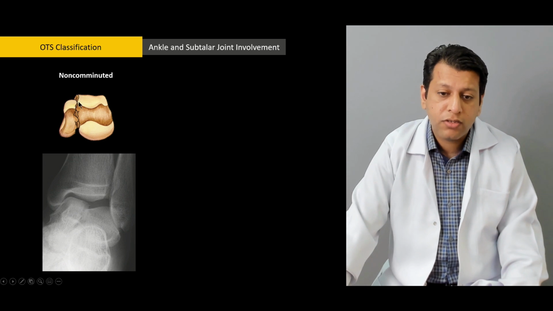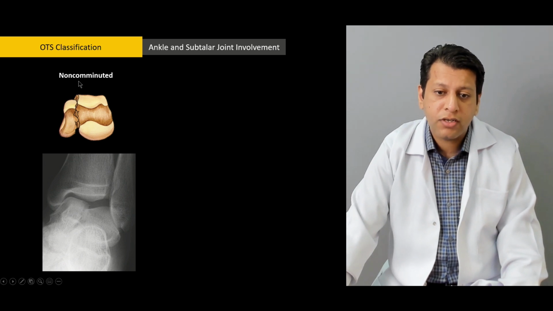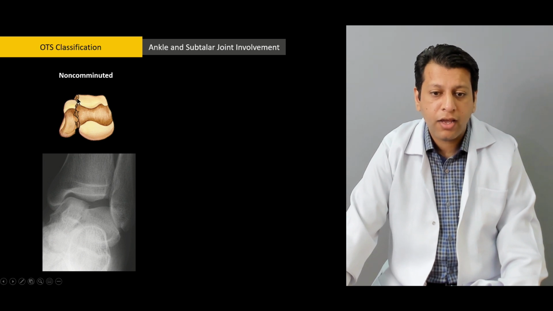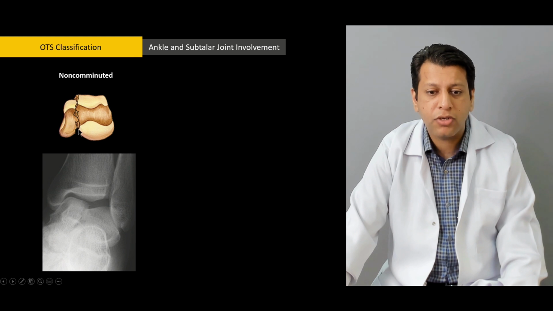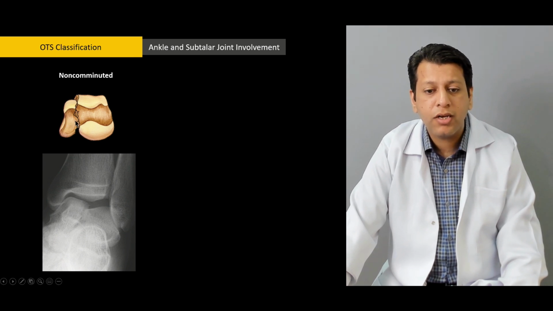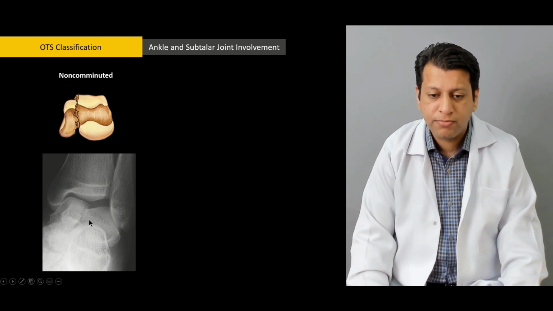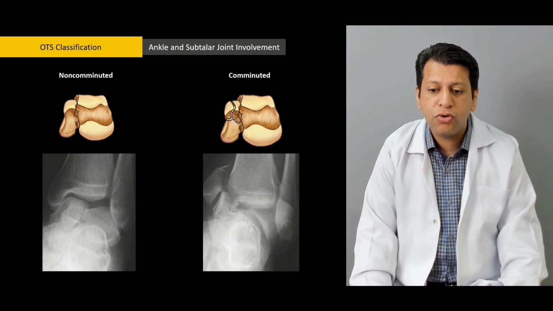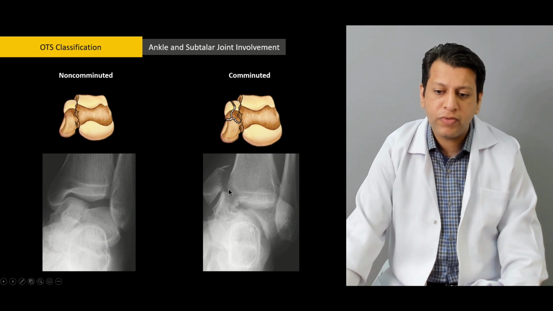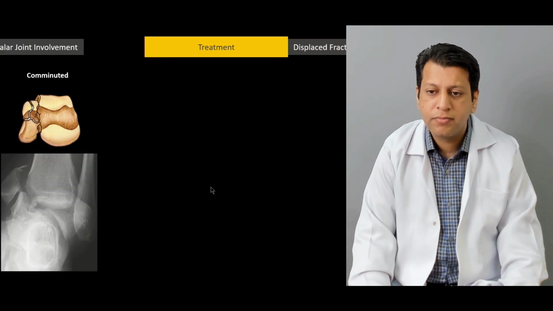If you see, this is a schematic diagram showing that this axial loading energy resulted in a dome fracture and ankle fracture as well as all the way up to the subtalar joint. So both the tibiotalar and subtalar joints are involved, which can be appreciated over here. Or it could be this kind of situation, where there's a comminuted fracture with dislocation of the talus and always involvement of the tibiotalar as well as subtalar joint.